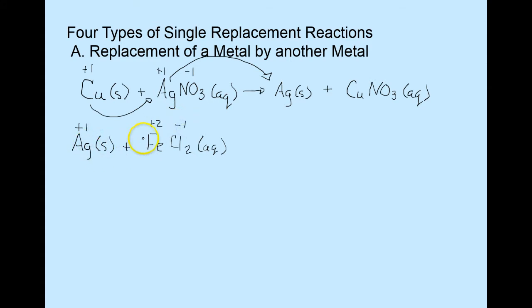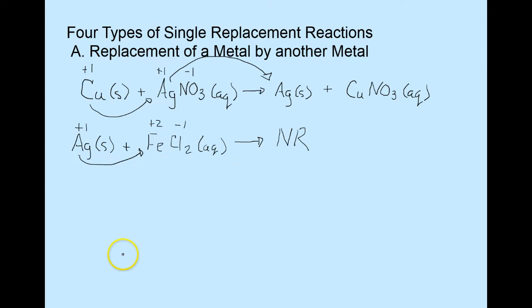Because iron and silver are both positive, the silver is going to kick the iron out of solution if it's more reactive. So look on your activity series and see if it's higher on the list. And when you do that, you will find that silver is actually lower on the list, so it's less reactive than iron. So this reaction will not proceed, and we'll give this a nice big NR, which is a no reaction.